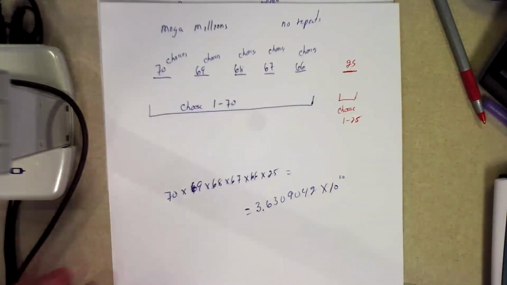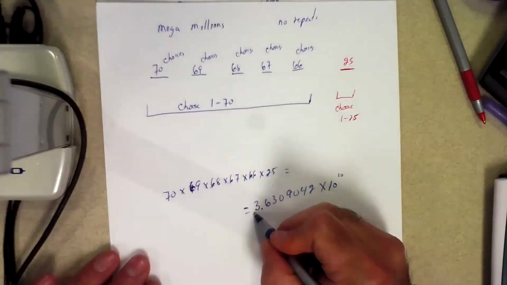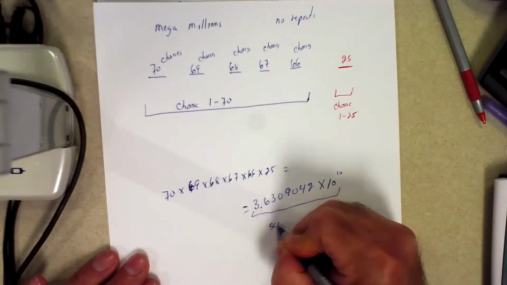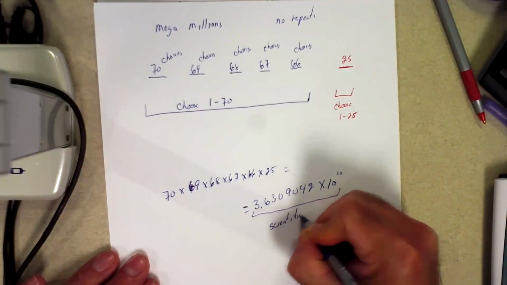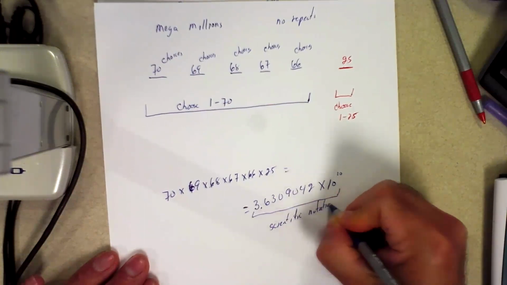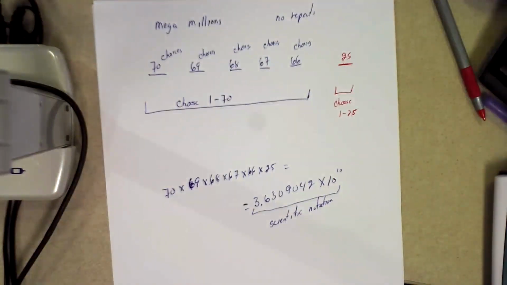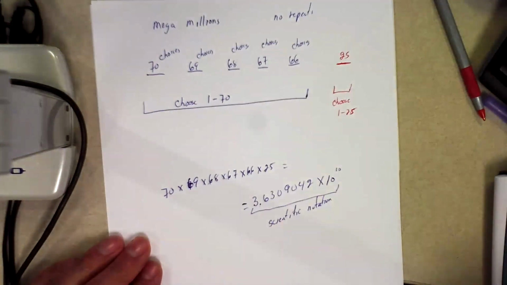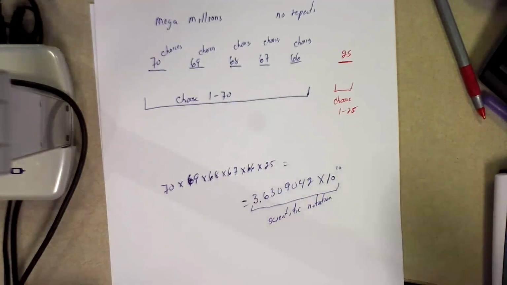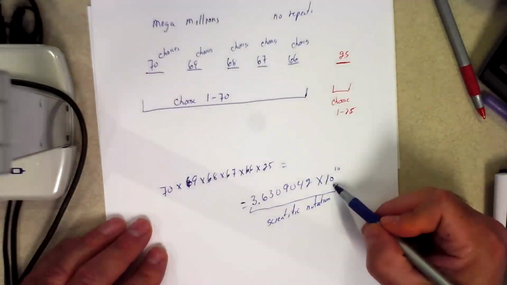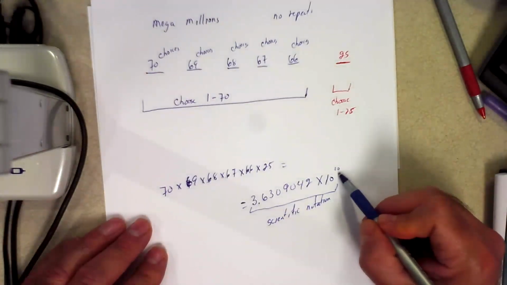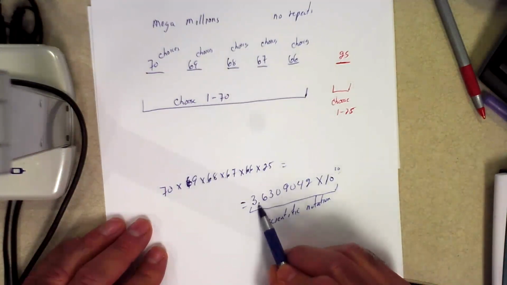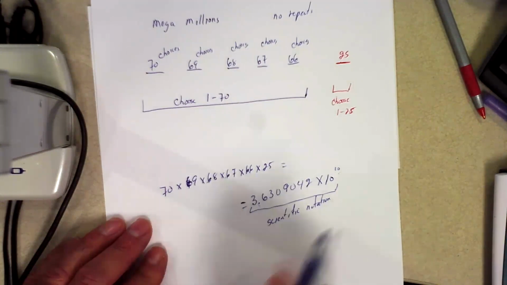What in the world is this number? Well, if you ever take science, this is called scientific notation. I want to read it as a normal number, so I have to transform it into a regular number. If you look at the power of the 10, because it is positive, I have to move the decimal point 10 spaces to the right.